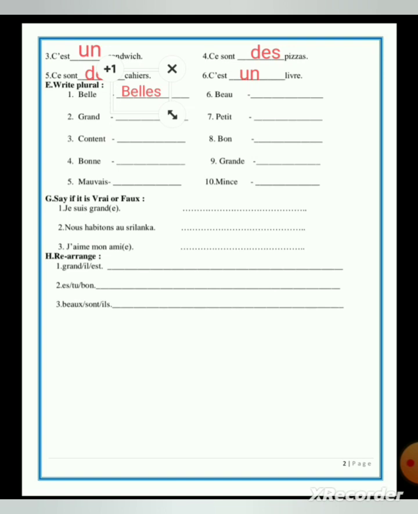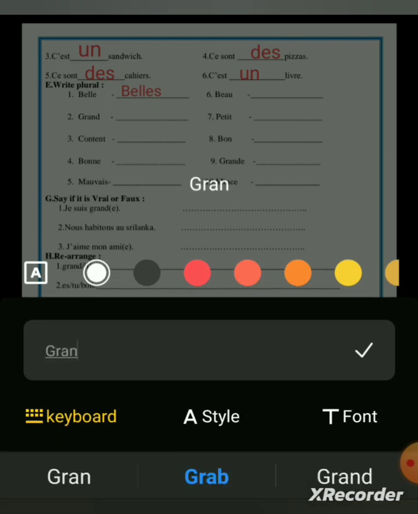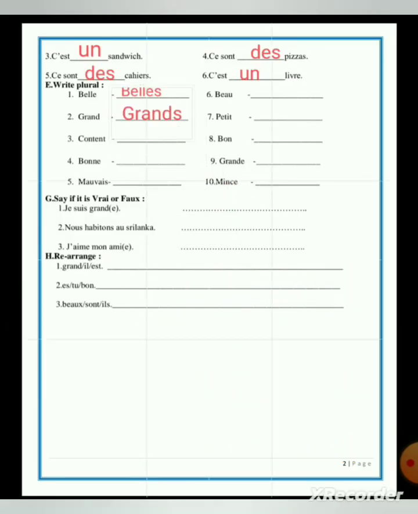Second is grand. Grand means tall or big. So the same rule will apply here. Grand, then you will add S at the end. Grands.